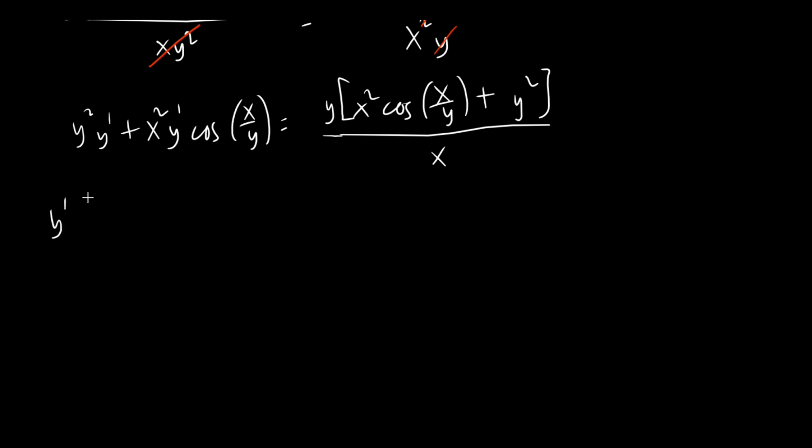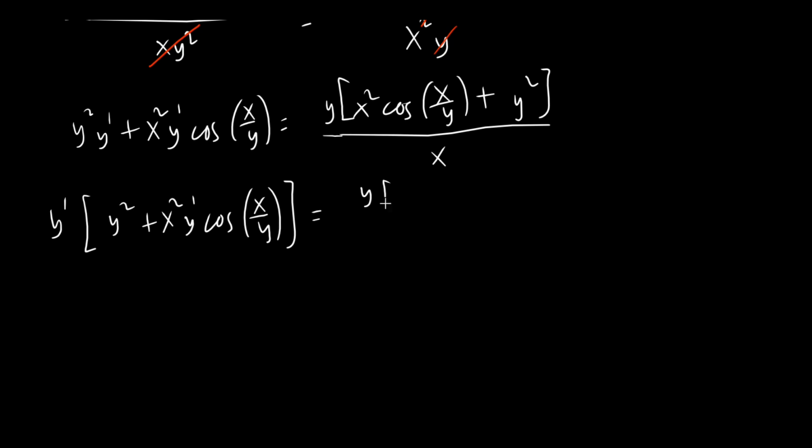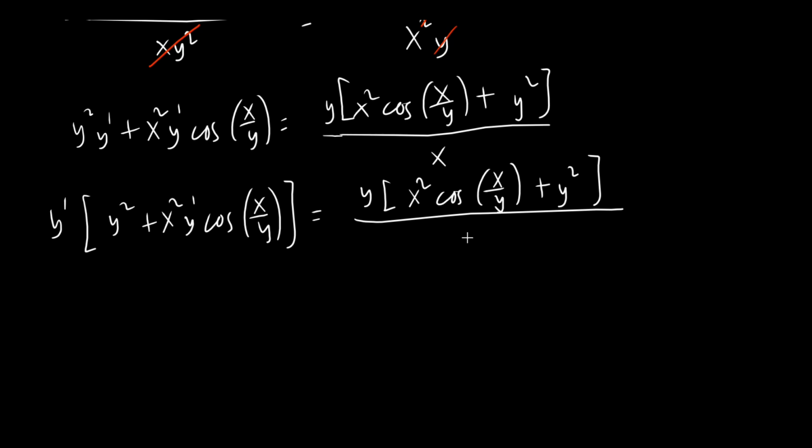So y prime, so we have y squared plus x squared y prime cosine x over y is just equal to y multiplied by x squared cosine x over y plus y squared all over x.